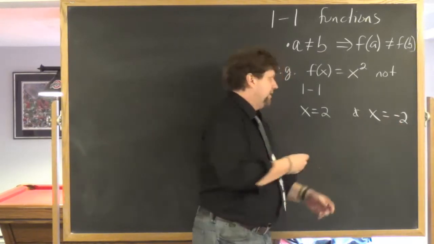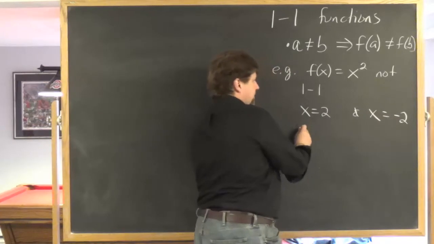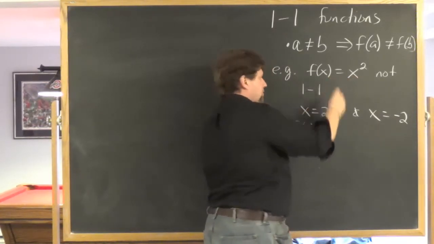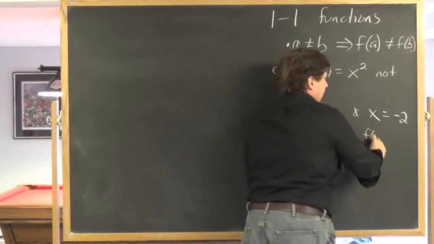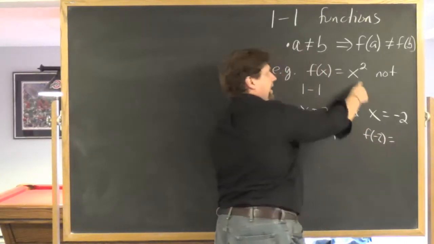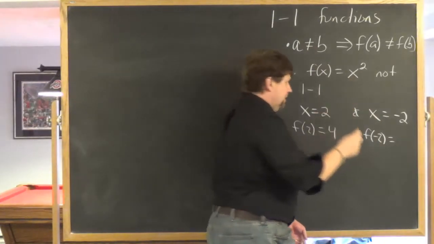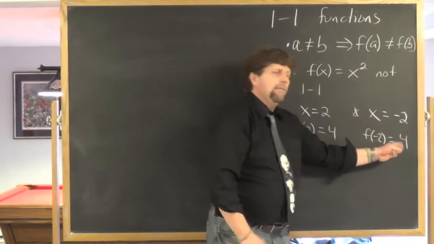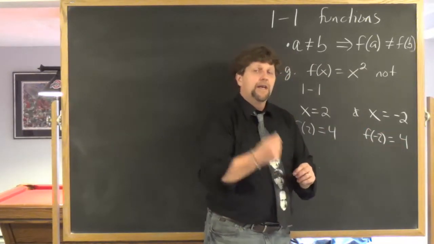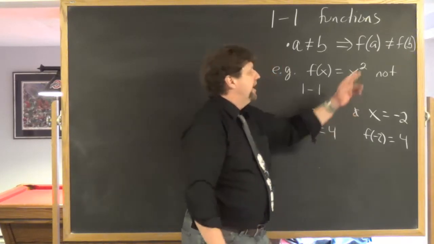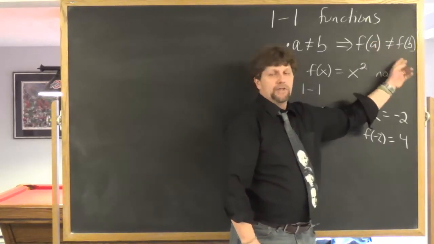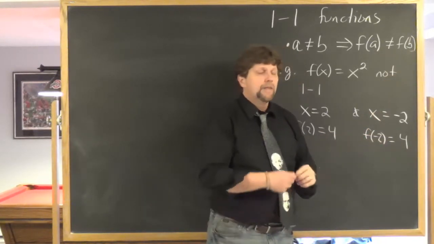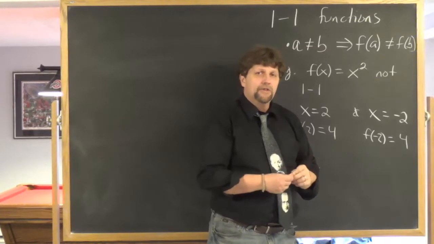Now when I evaluate the function at these two values of x, well, f of 2, remember I put 2 in for x, 2 squared is 4. f of -2, put -2 in for x, -2 squared is also 4. I got the same value for y to come out. If this function is a one-to-one function, I would get different y values to come out. Since I got the same y value, the same functional value, it is not a one-to-one function.